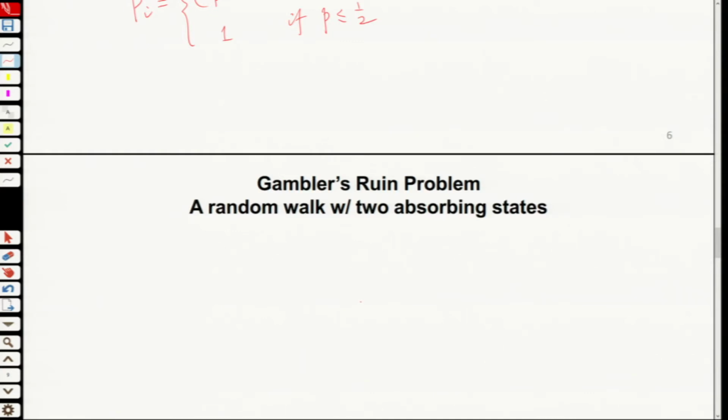Now let's see what's going to happen, with two absorbing states. So this is the gambler's ruin problem. It's a very well-known problem, the gambler's ruin problem, a random walk with two absorbing states. Now we have two players.